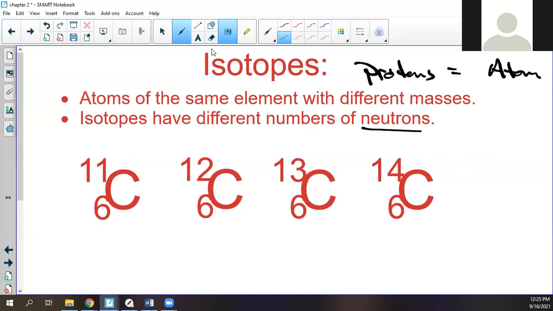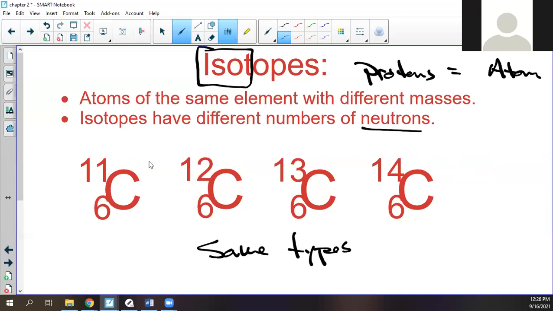So iso, this prefix basically means the same. So this word isotopes means same types. It's basic translation from Latin, same types. So an isotope is the same type of atom, but it has different numbers of neutrons.